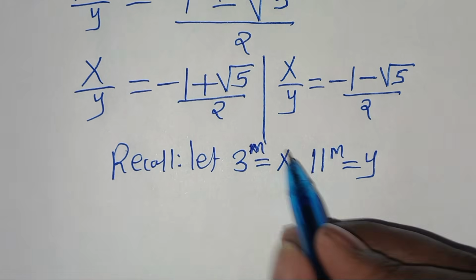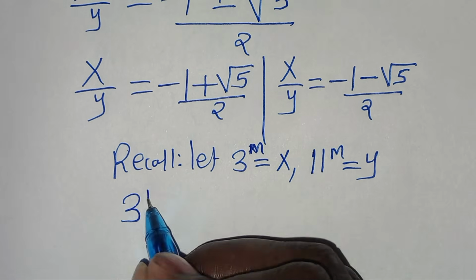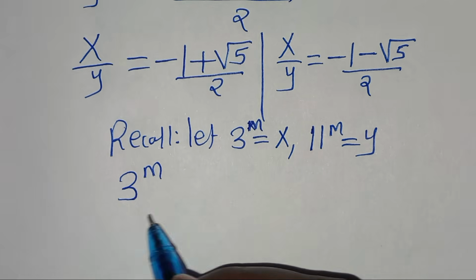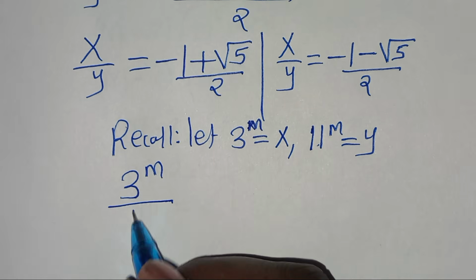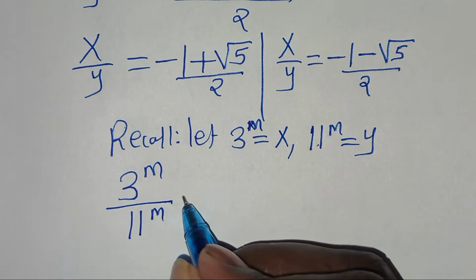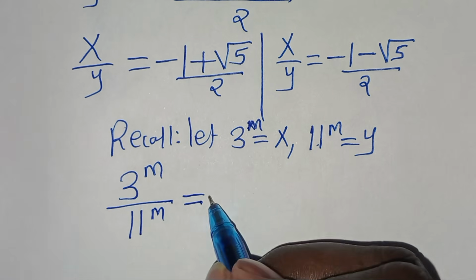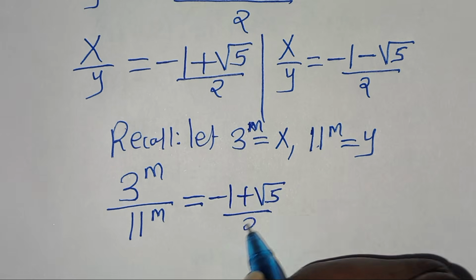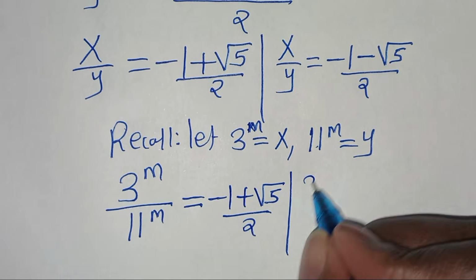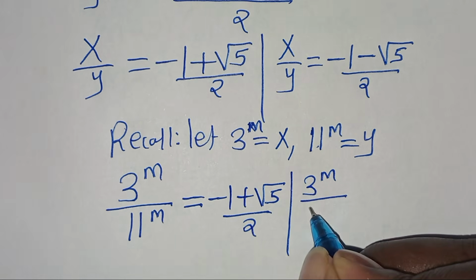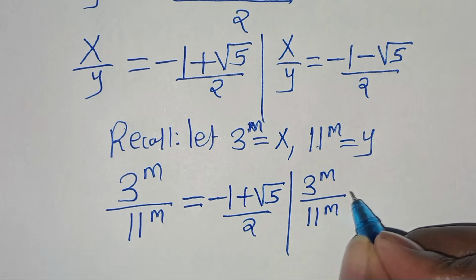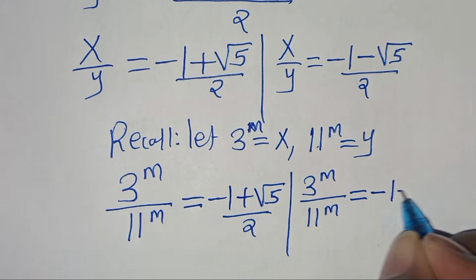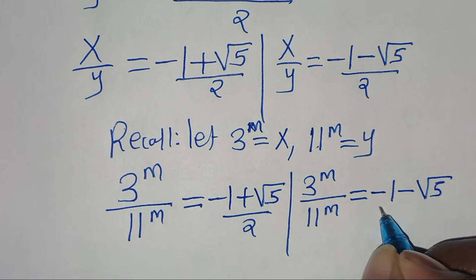So this implies that 3^m divided by 11^m is equal to (minus 1 plus square root of 5) divided by 2, and 3^m divided by 11^m is equal to (minus 1 minus square root of 5) divided by 2.